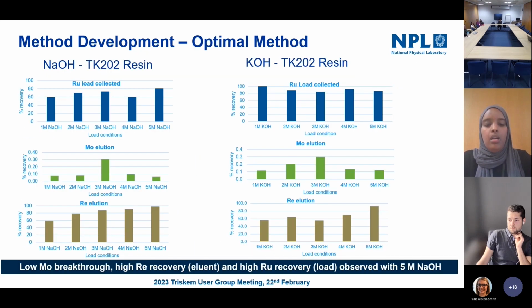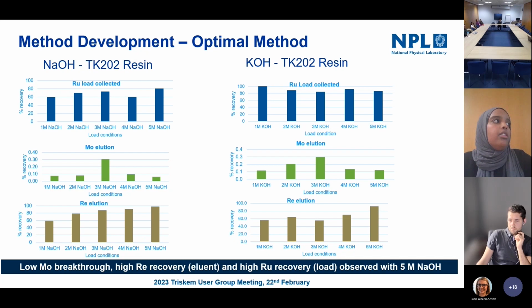So here is some of the data that was collected. You can see that generally during the load step, in the range of alkaline conditions that were tested, we had very high ruthenium collected, which was good. We were able to answer the question as to where the ruthenium would end up. And hopefully you can see during the elution step, there was very low molybdenum breakthrough, and the rhenium had a high percentage recovery.